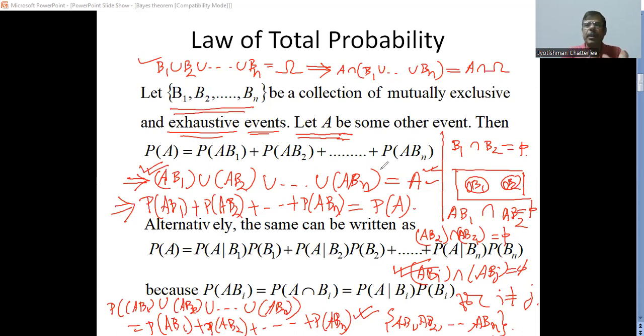That we can do, because if two events are the same, their probabilities will also be the same. But remember, not the other way around. Two events may have the same probabilities, but the events might be different.